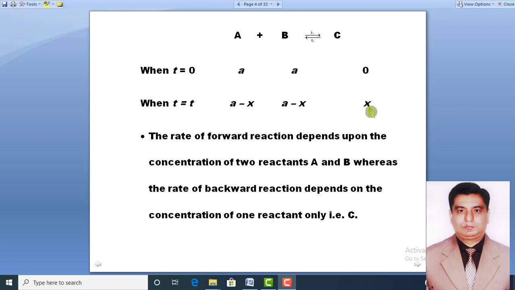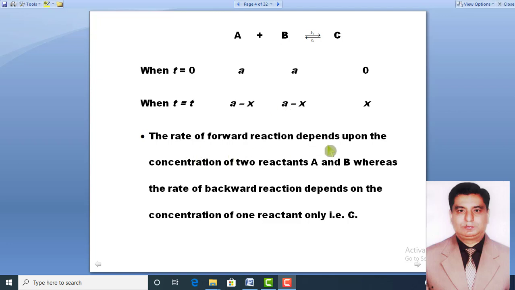Suppose this concentration of the product is X mole. Definitely, the remaining amount of A after time t will be A minus X and the concentration of B after time t second will also be A minus X.